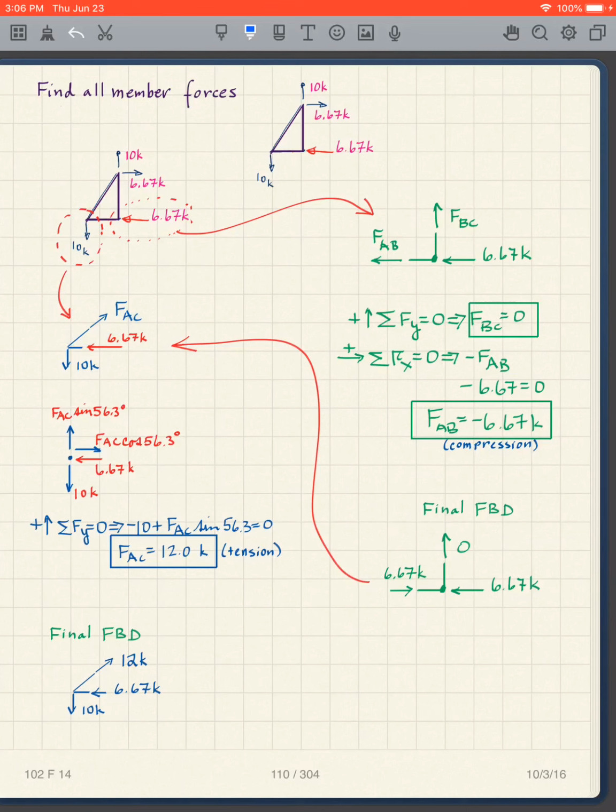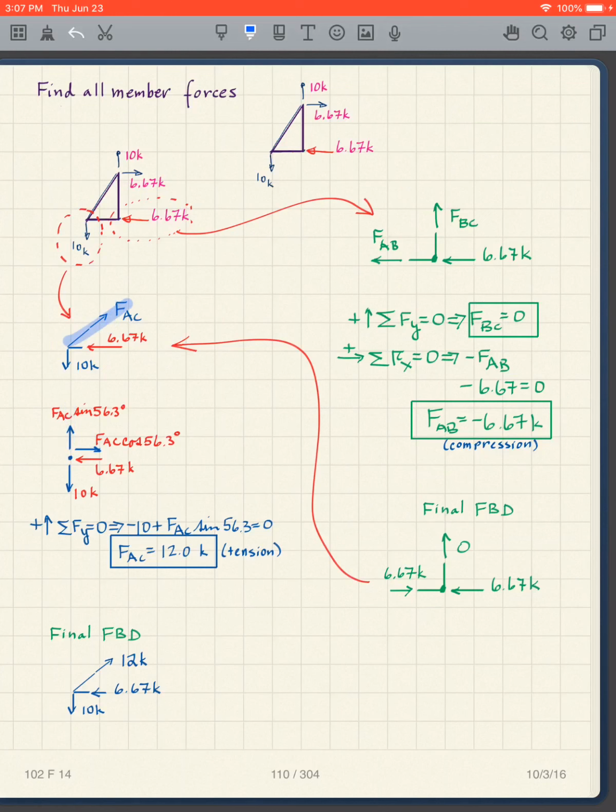This angle, this little tiny angle in here, you can all figure this out, this is 56.3 degrees, and so I'm going to take these and use components. So what I have, this is upward to the right, so I have upward to the right.